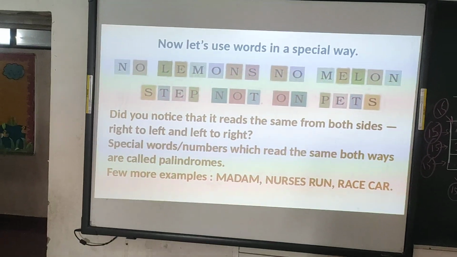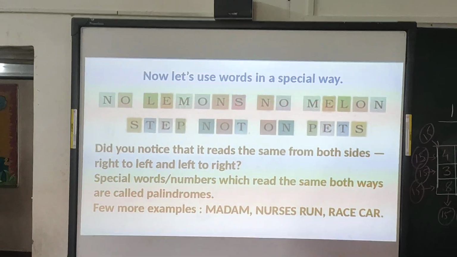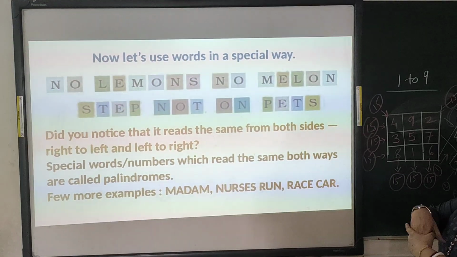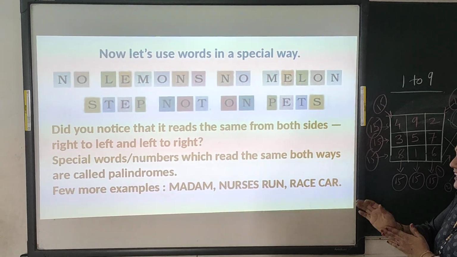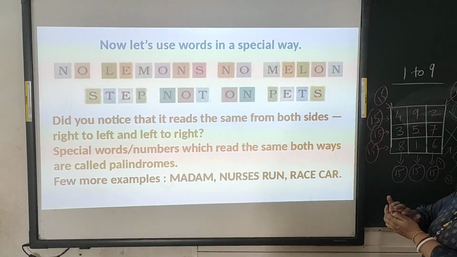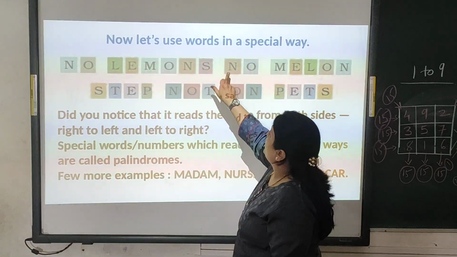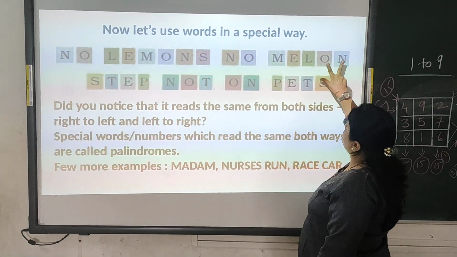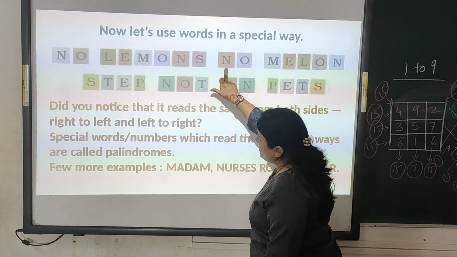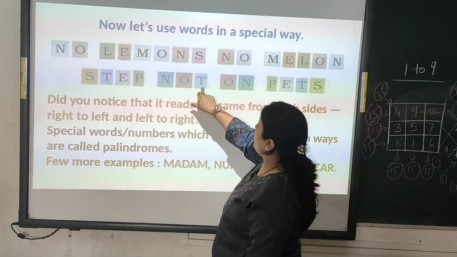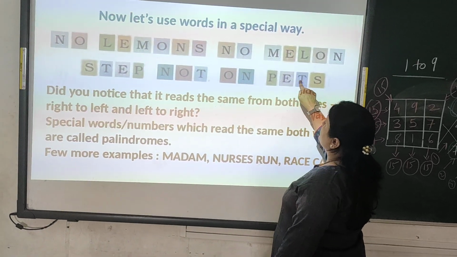Now let's use words in a special way. No lemons, no melon. Step not on pets. Did you notice that it reads the same from both sides? See here, what I read: no lemons, no melon. Step not on pets.